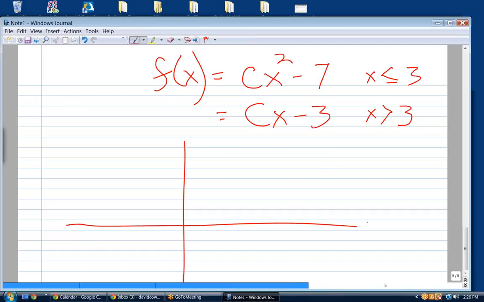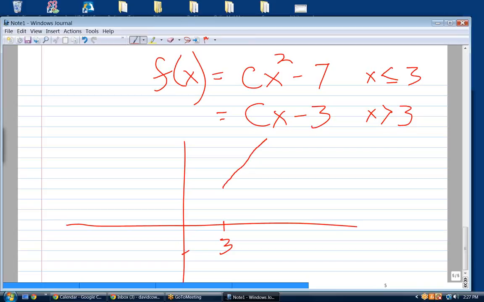Okay, let's draw a model. When x is greater than 3, this thing is linear. And it would go through the y-intercept if it got all the way over to there. And it has some slope that is c. Yes. Okay?